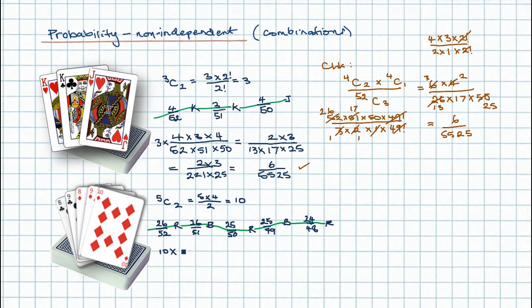So 1 times a half times, now the 26 I can't do much with, so we'll just have 26 over 51 times, again, a half times 25 over 49 then. And finally, a half again.